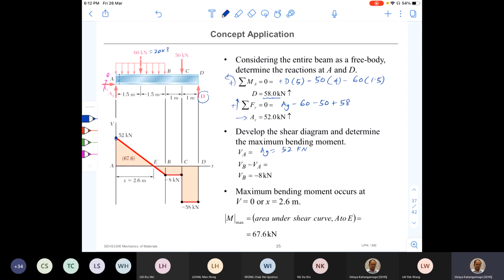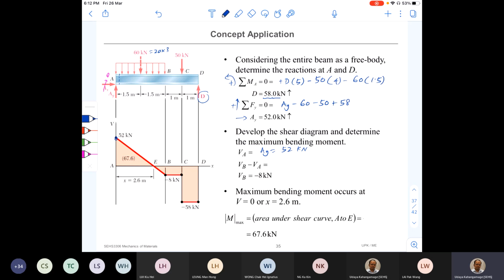And from A to B, the load distribution is continuous, uniform distribution. Therefore, now I can find out the shear force at point B. How can we find that one? We take VB minus VA. Right?